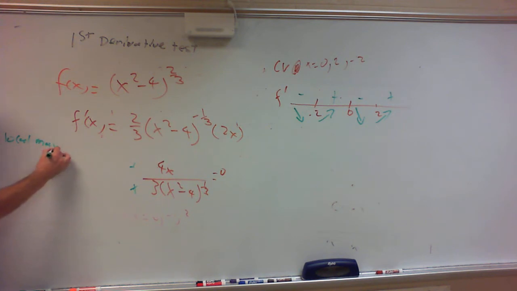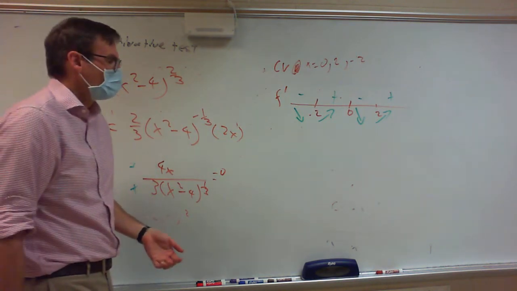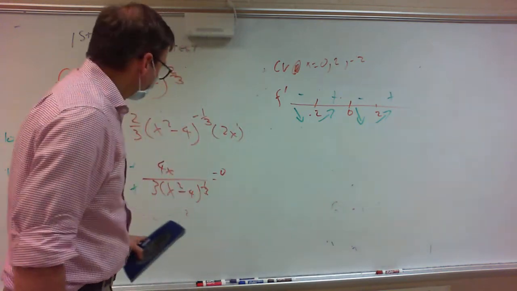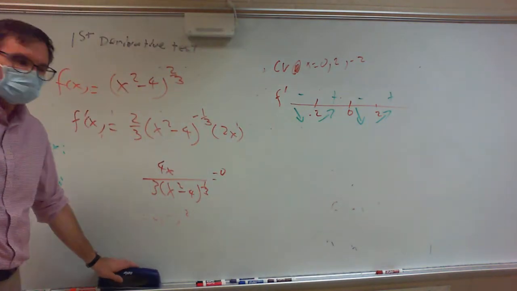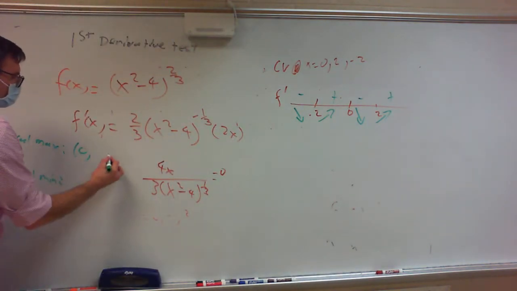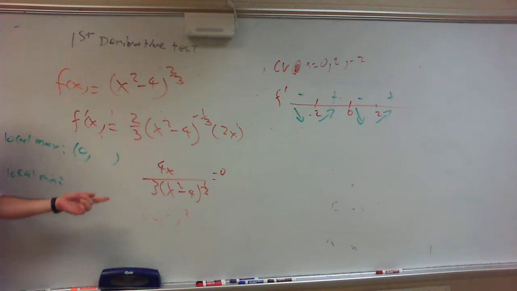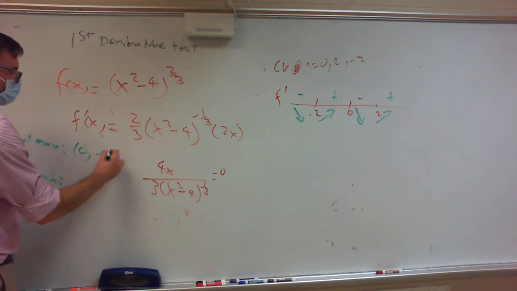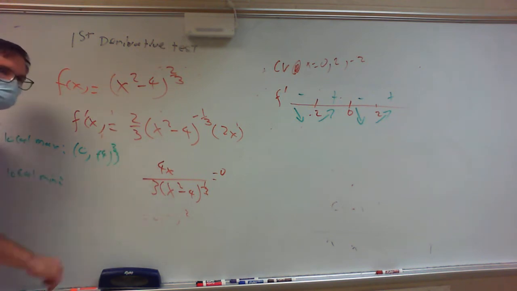If I'm looking for my local max, what x value is going to cause it? 0. So I need to plug 0 into my function. Looks like I get negative 4 to the 2/3.